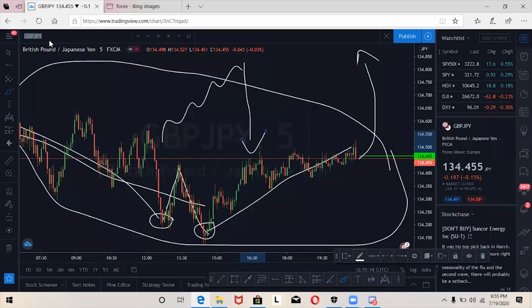So the news mostly goes opposite to the recent trend. You get what I mean? If for example there's NFP, which is the American dollar unemployment change, coming in 5 minutes time, and the recent movement was going down.